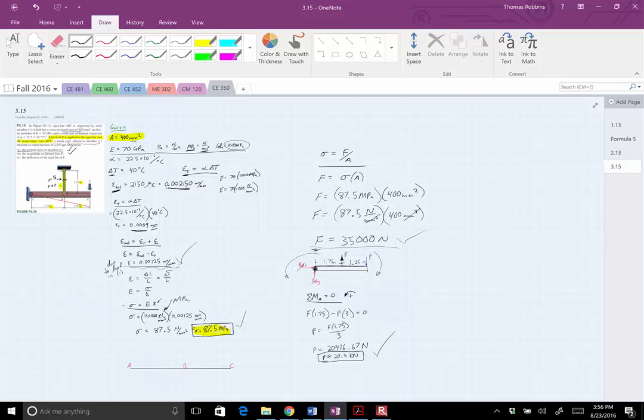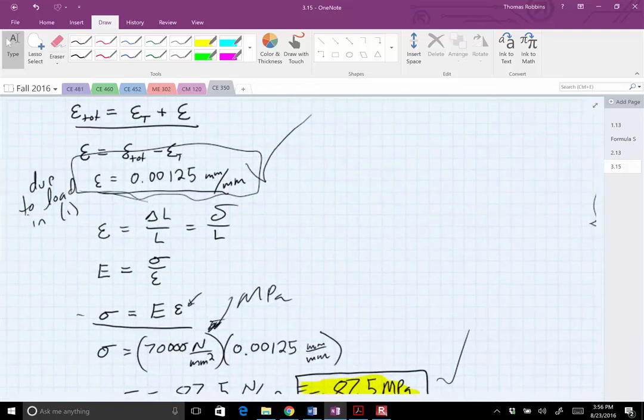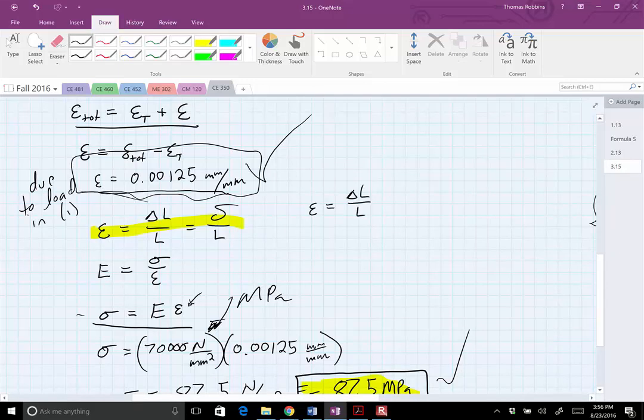I wrote here that strain equals delta L over L. So we can find how much it actually changed in length to be able to create that much strain.